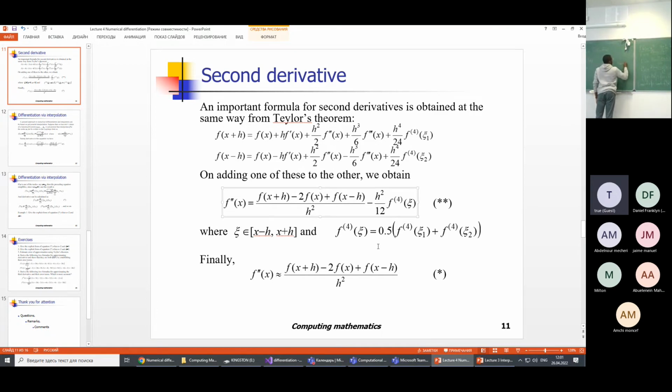F of x. No, please find the derivative. Find the derivative of x. No, please find the derivative of the function that you wrote.